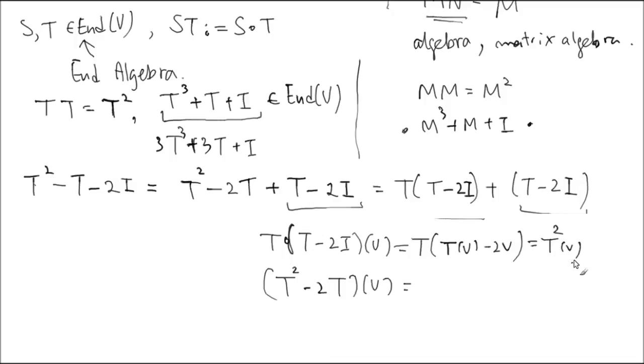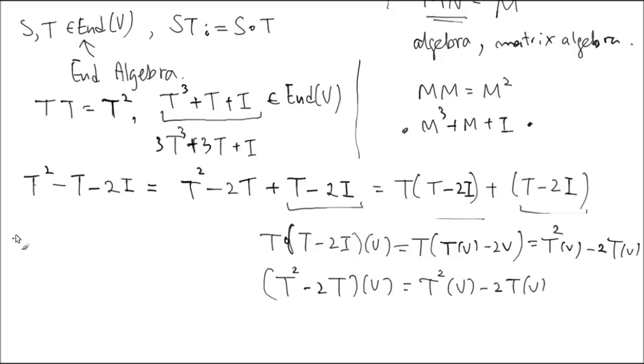Is that right? 2 times t, and this 2 factors out because of the linear property. 2 is a scalar. It's t of v. But if you apply v squared here, of course that goes in there like that. So these are the same. That's how you justify that what you wanted to do is actually true as a map. That actually is the same thing.